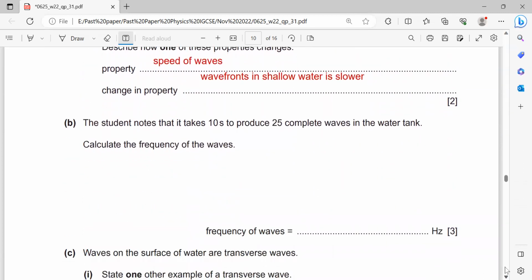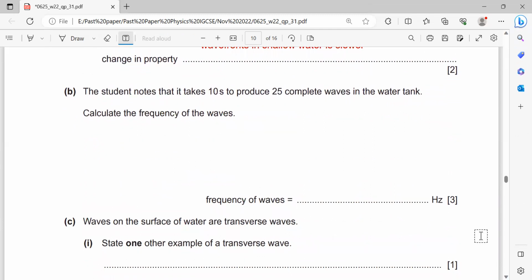Next, the student knows that it takes 10 seconds to produce 25 complete waves in the water tank. Calculate the frequency of the waves. The frequency formula equals 25 waves over 10 seconds.